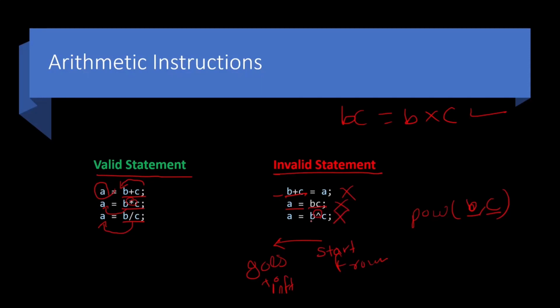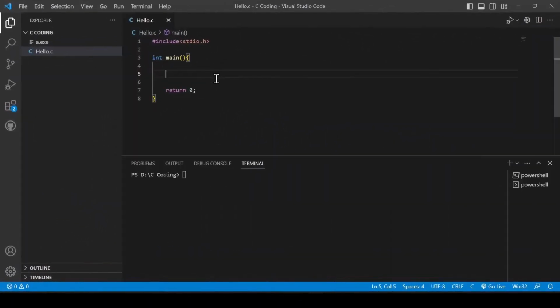Now let's check how it will look when we do it in our compiler. Here I create variables: int a, b, c; and give a semicolon.